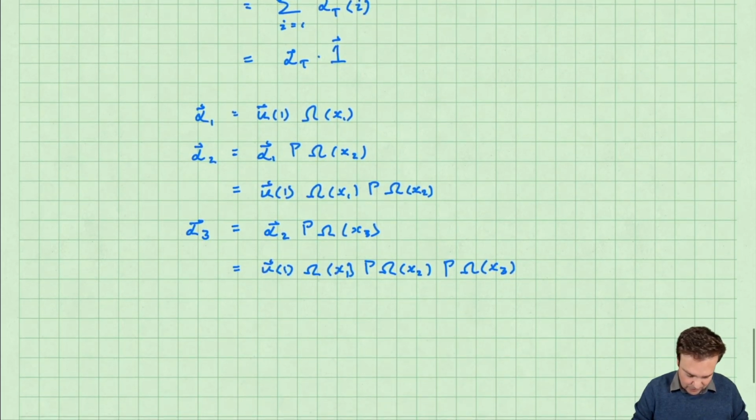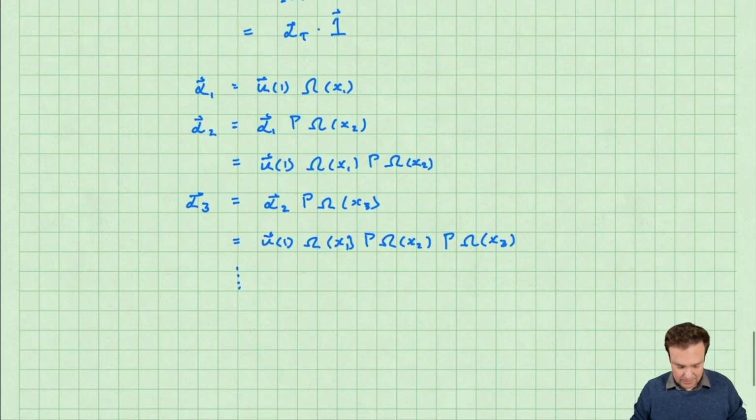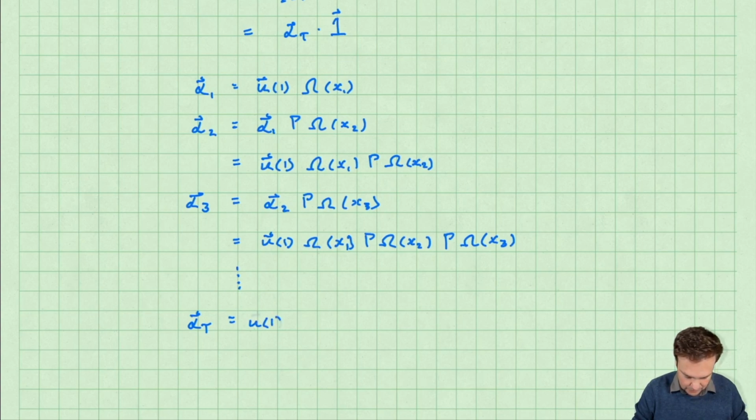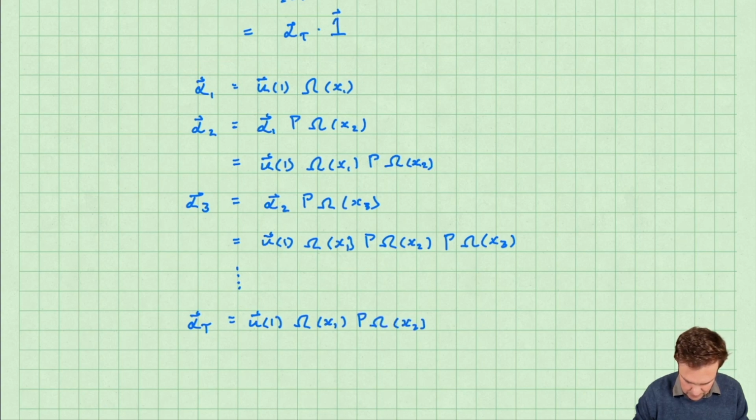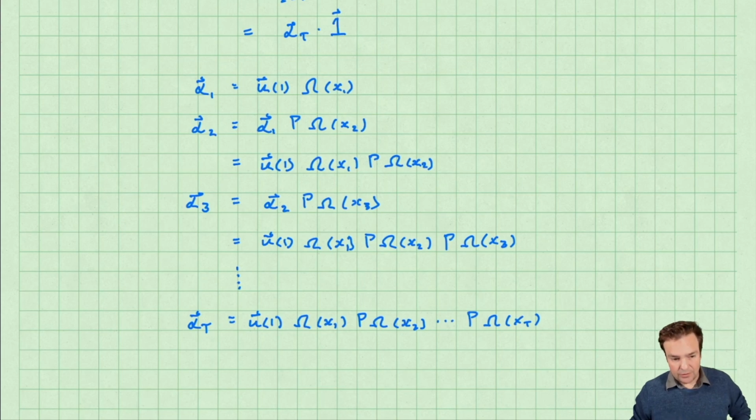And you just keep doing this, and you get alpha t is equal to u1, then omega x1, P omega x2, up to P omega xt. And that's alpha sub t.